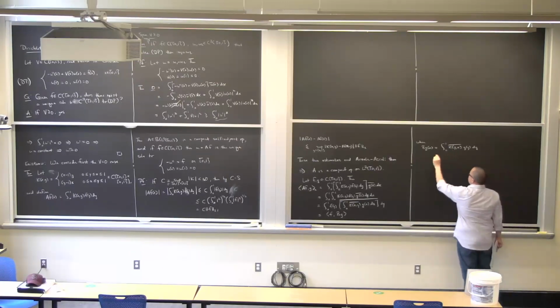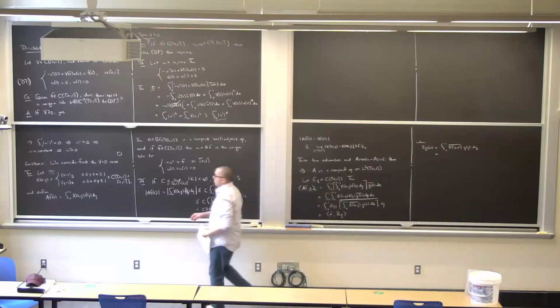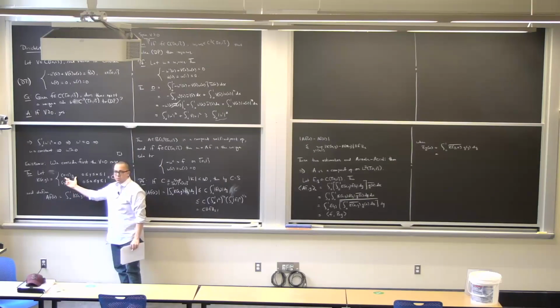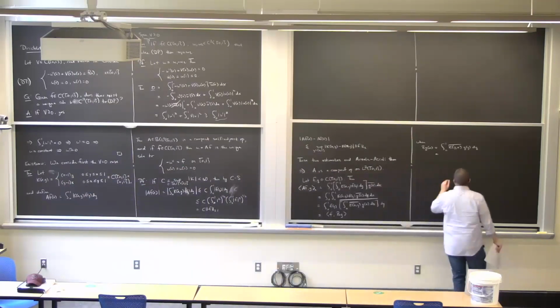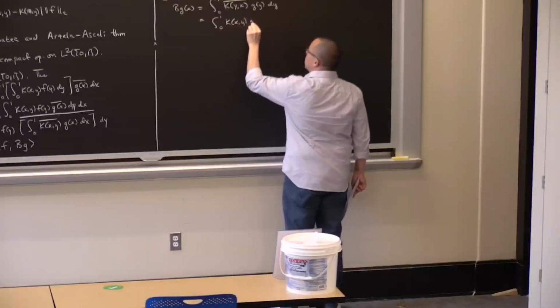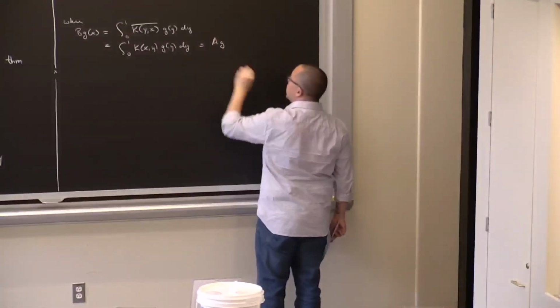But now, what is k? k is this function here. It's real valued, so the complex conjugate just doesn't matter. And it's symmetric in x and y: if I switch x and y, I get k of xy back. So k of yx is equal to k of xy. So this is equal to the integral from 0 to 1 of k of xy, g of y, dy. But this is just by definition equal to A times g.